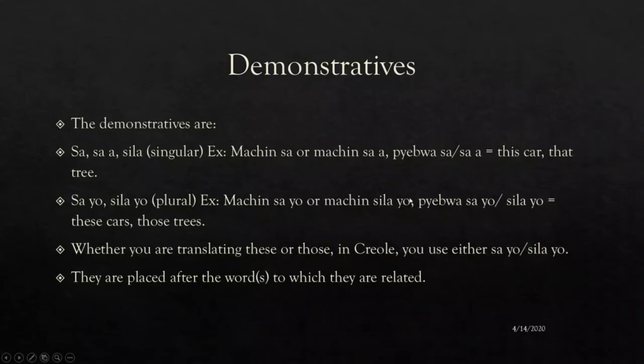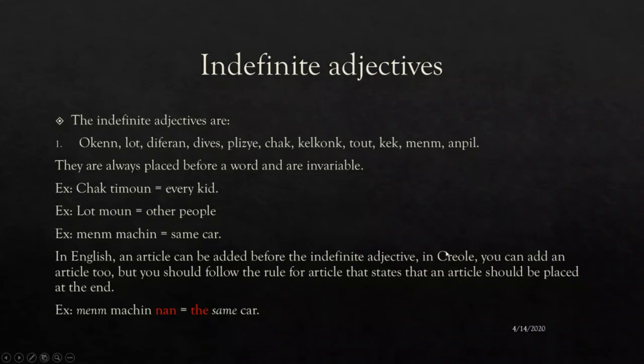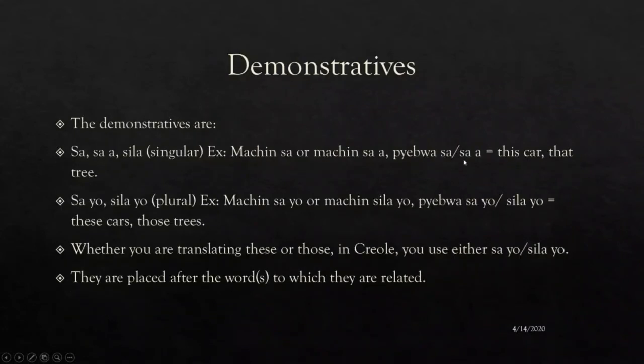You'll understand better. So in pied sa, instead of saying pied sa, we have pied sayo. This becomes these. Or pied silayo means these cars, for machine ayo, and pied sayo means, oh no, those trees.